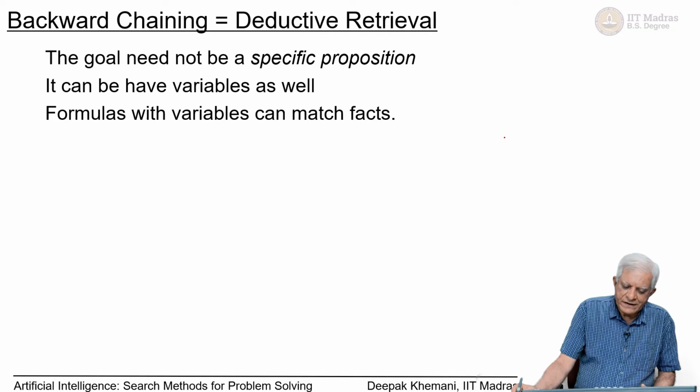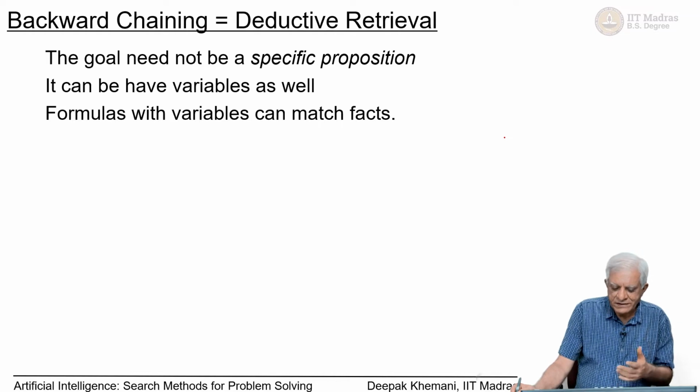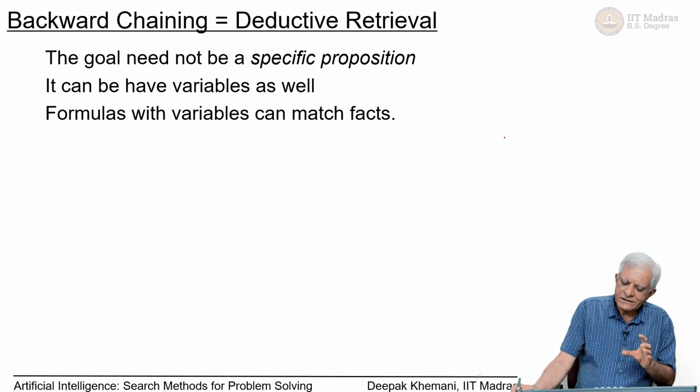The interesting thing about backward chaining is that the goal need not be a specific proposition. In the previous example, we said show that Socrates is mortal. In backward chaining or in deductive retrieval, we tend to think of the whole process as an extension of a database, which you can call a knowledge base.